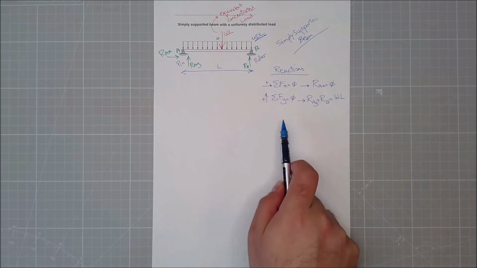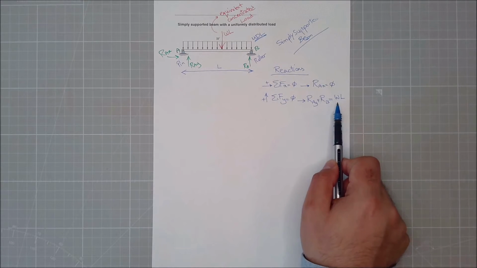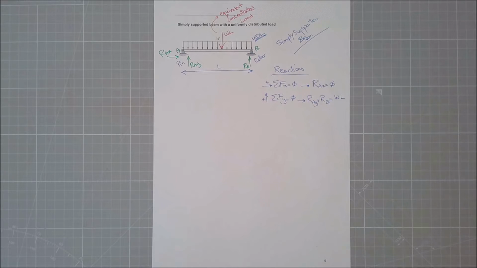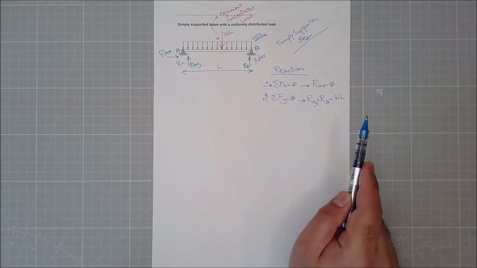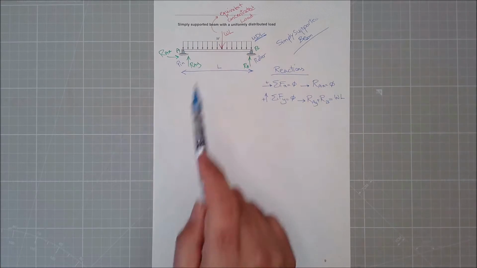These guys are positive going upward, WL was negative, so instead of putting it as minus WL, I put it on the other side of the equation. We said after a while we speed up the process. Now you can argue that the entire thing is symmetric, so probably RAY and RB are equal to each other and they're half of WL. Each of them carries half of the reaction to this load on top of it.